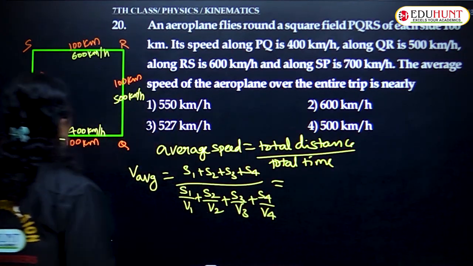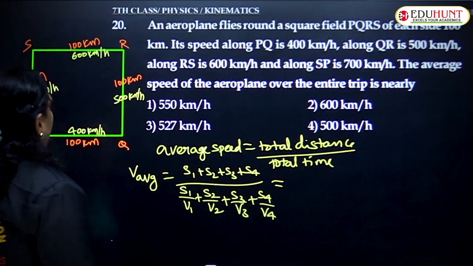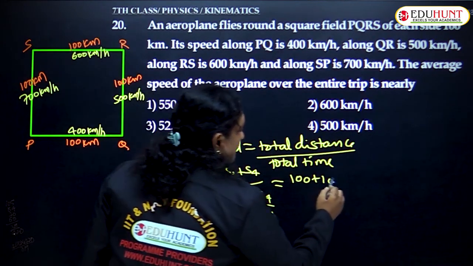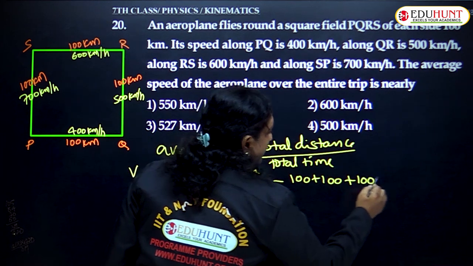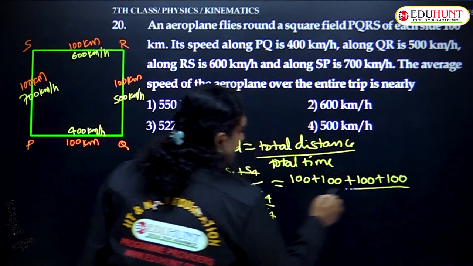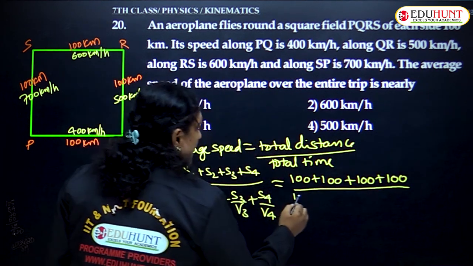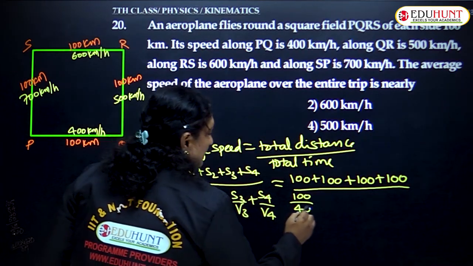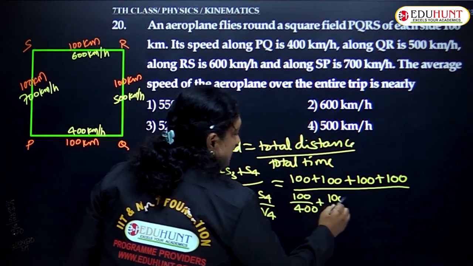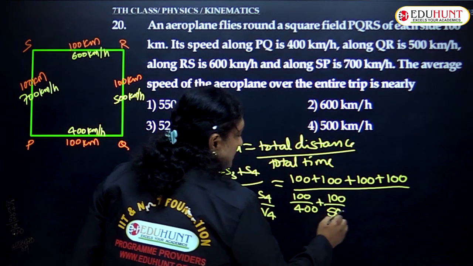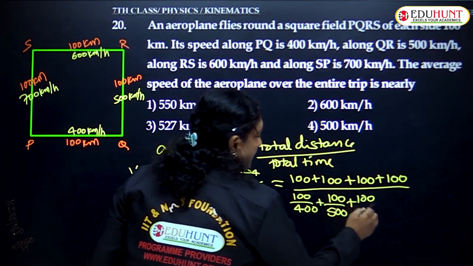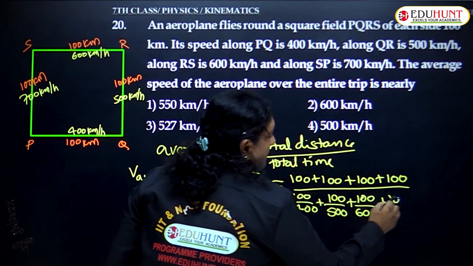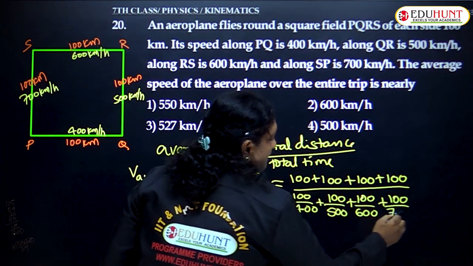This is nothing but 100, 100, 100 and 100, all together, whole upon S1 is 100 upon V1, how much, children? 400, plus again S2 is 100, V2 was 500, S3 100, V3 was 600, S4 100, V4 was 700.